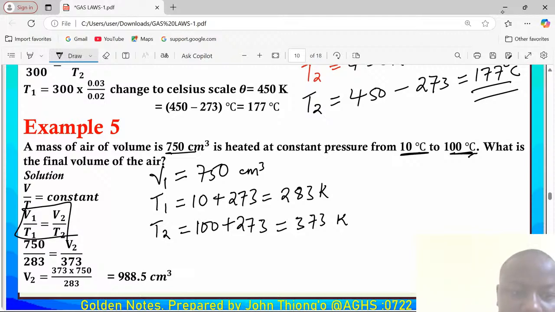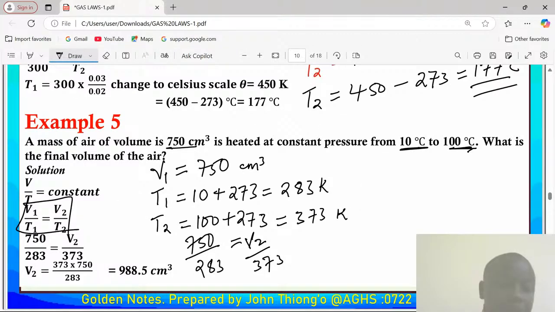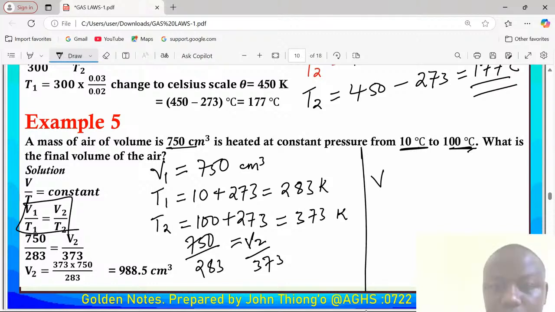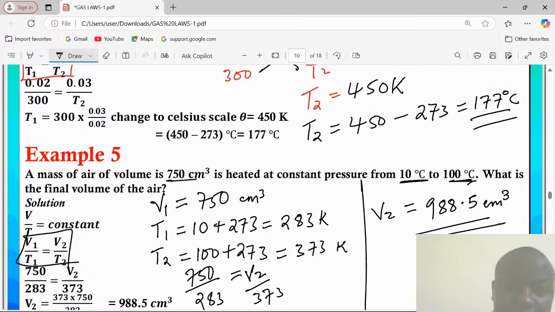Therefore, I'll be able to take 750 out of 283, equivalent to V2 unknown out of 373. Remaining with V2, cross multiplication, V2 after cross multiplication is going to be 988.5 cubic centimeters. Temperature having increased, we expect an increase also in the volume of the gas.